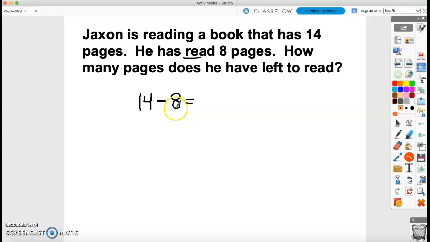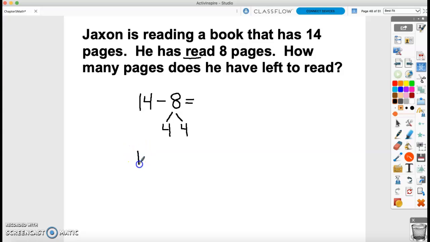So I have 8. I need to make 10. I need to make 14 into 10. And if I do that, I'm going to use 4 because 14 minus 4 is 10. So if I have 8 total, and I have 4, the other part would be 4.